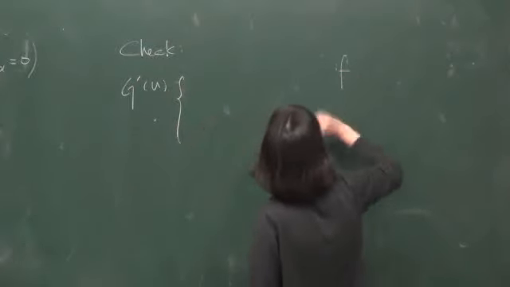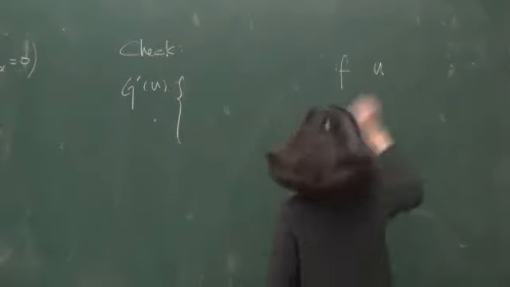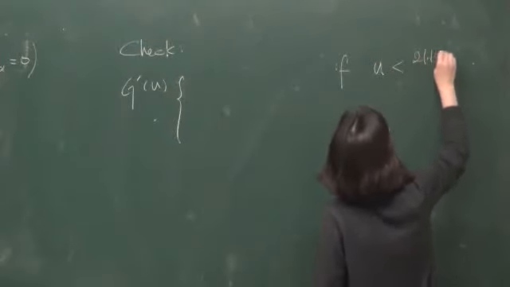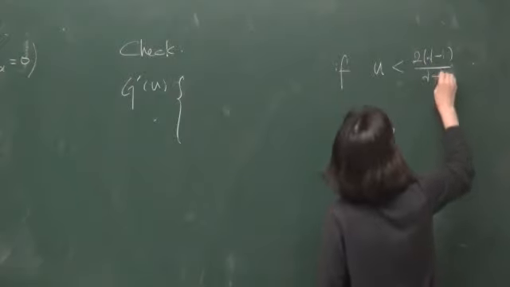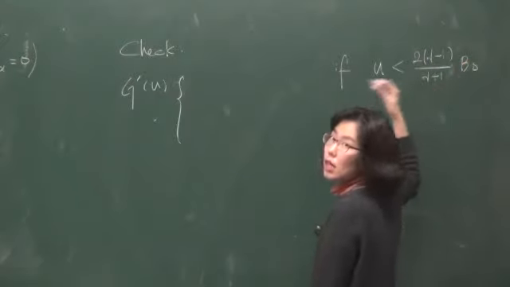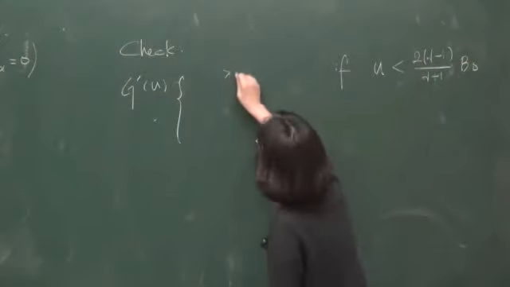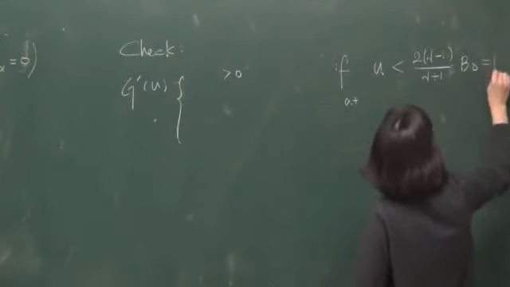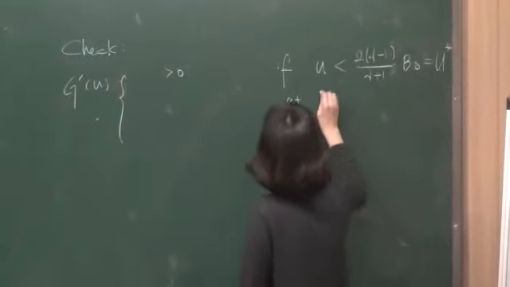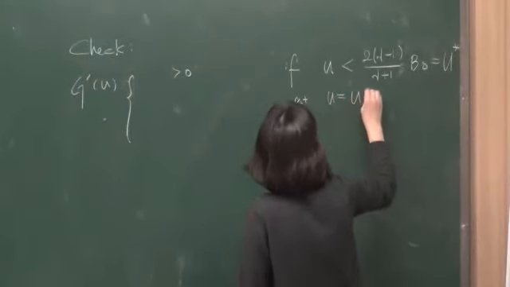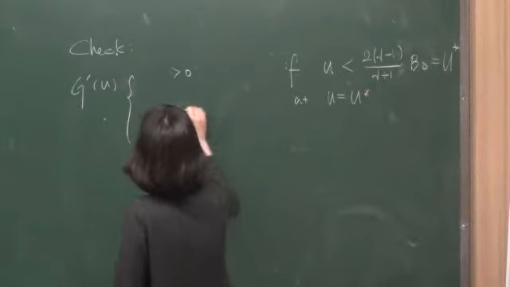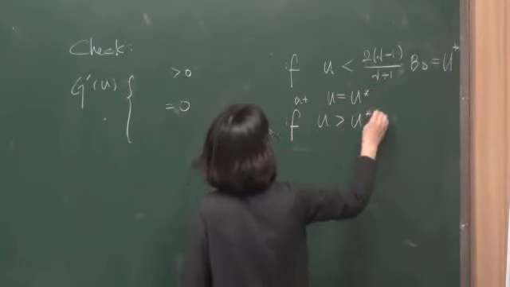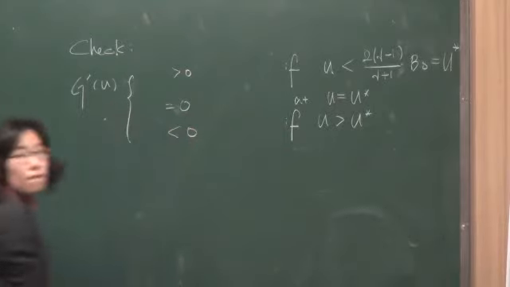If this speed U is less than some quantity, which one can easily compute, this is positive. Let me call this U star. So at U equals U star, this is 0. If U is bigger than U star, this is negative.